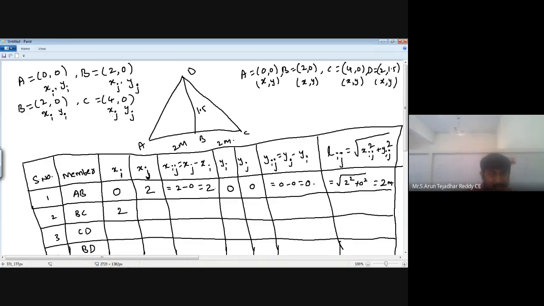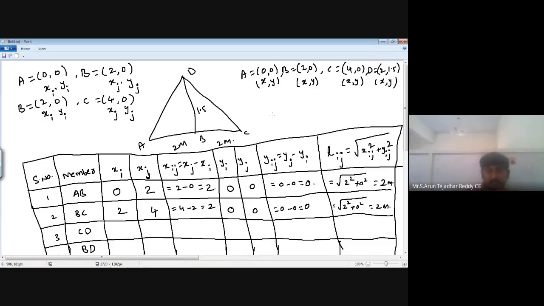Xj is 4 meter. Next formula xj minus xi, 4 minus 2 is equal to 2 meter. Next yi is 0, yj is 0. It means 0 minus 0 is 0. Same, l is equal to root of xij square plus yij square. Xij here 2 meter and here 0. 2 square plus 0, it means same 2 meter.